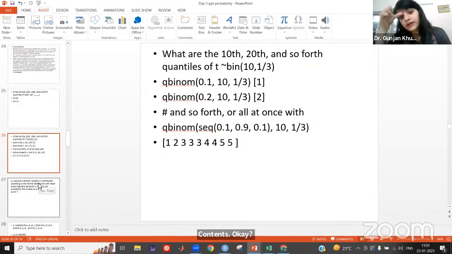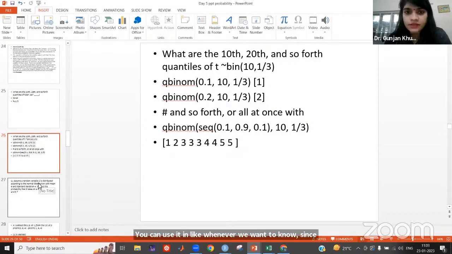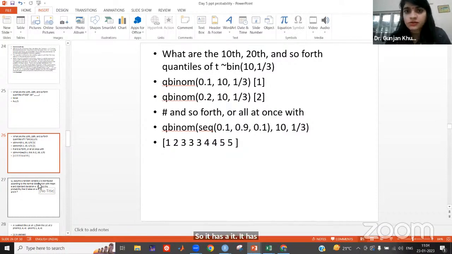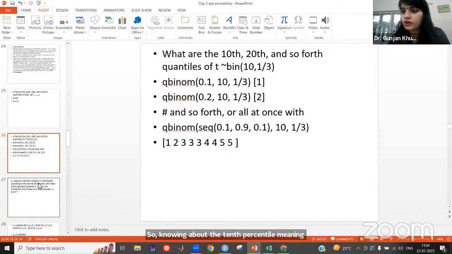You can use it whenever we want to know something, since it's probability, so it has use in predictions, right? Knowing about the 10th percentile means how much of the population is below 0.1, then below 0.2, below 0.3, and so on.